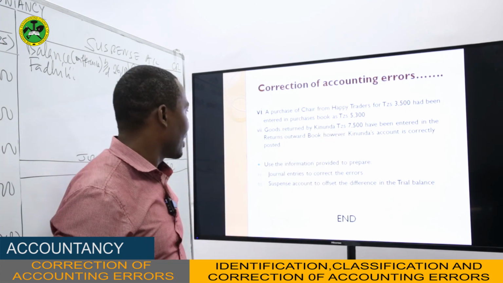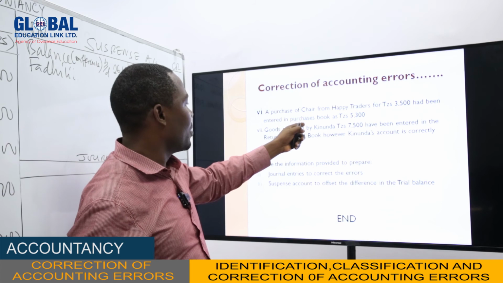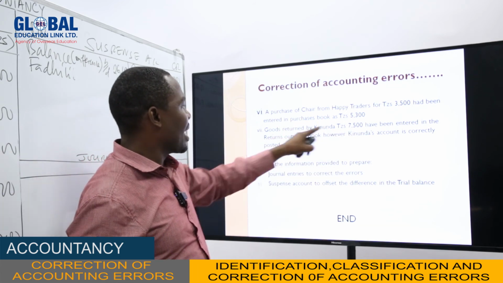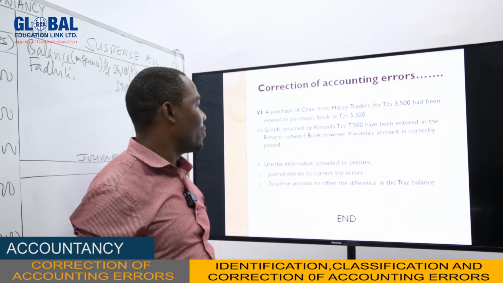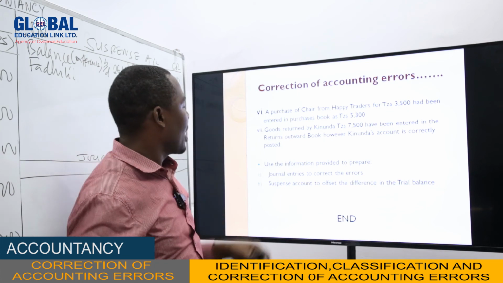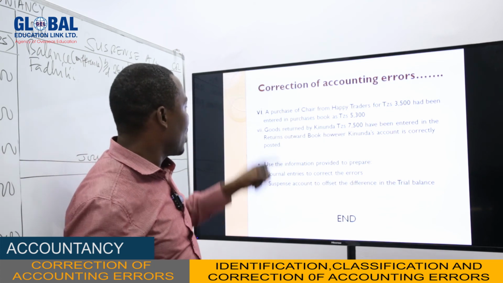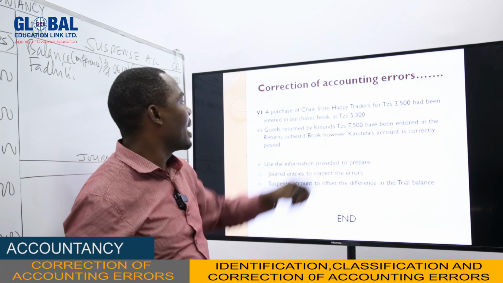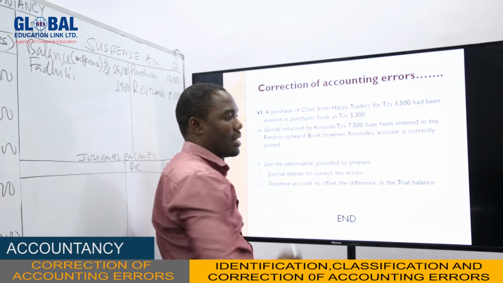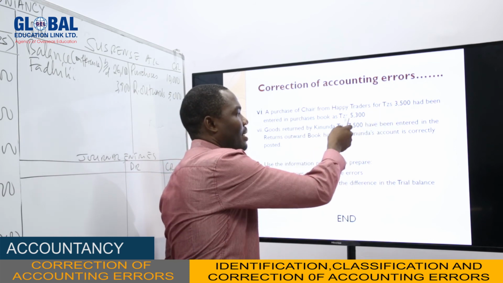So we need first of all to correct this error. If it was entered in the purchases account with this amount, we need to credit the purchases account by 5,300. Which account should be debited? The account that was supposed to be debited was the furniture account, but not with this amount. So we check the difference.